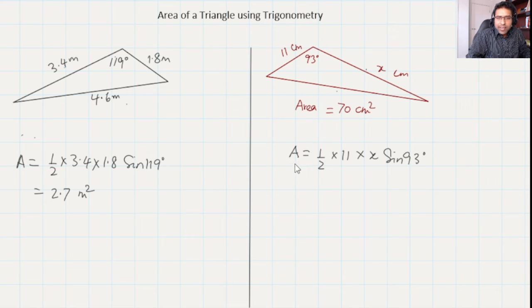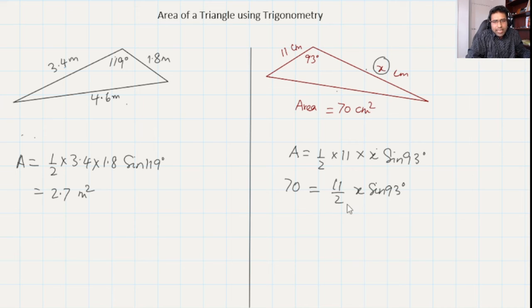We know the area, so we can substitute. Area is 70, so x is the unknown, right? So 70 equals 11 over 2 times x sine of 93 degrees.